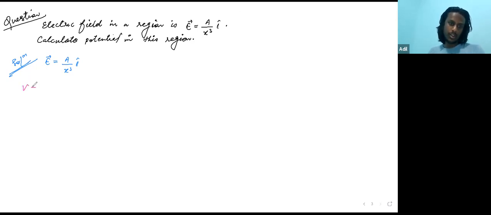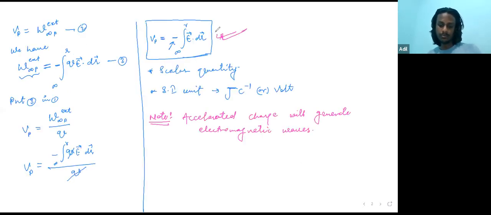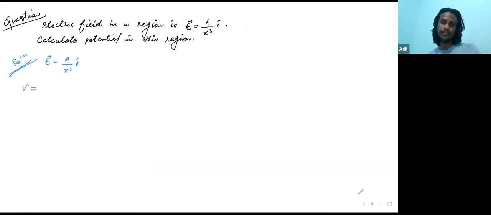The equation of potential is V equal to minus the integration of E dot dr from infinity to r.